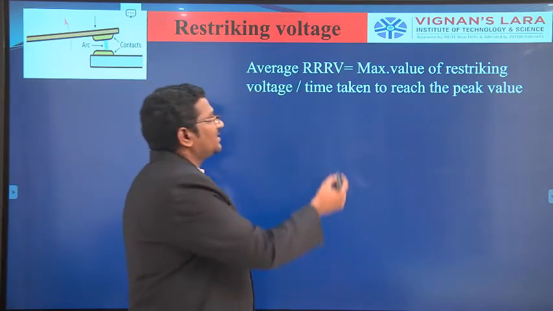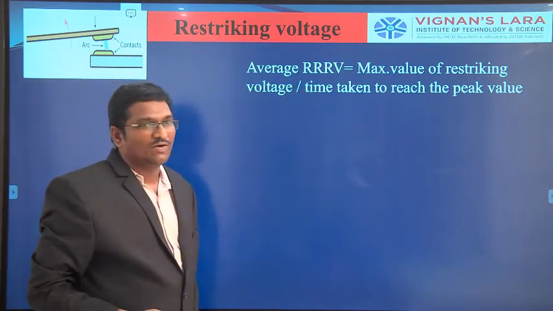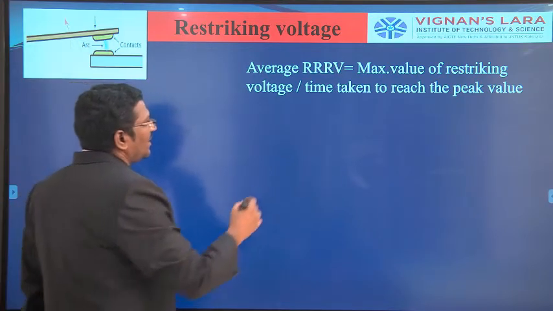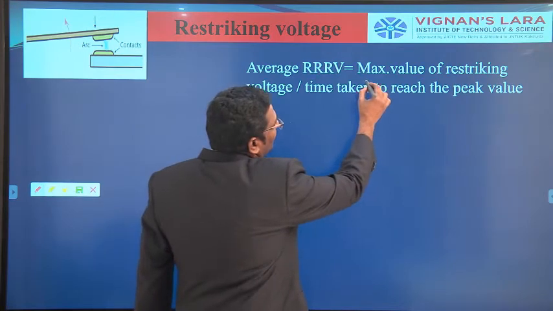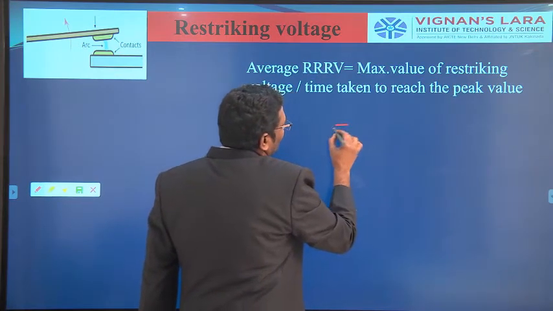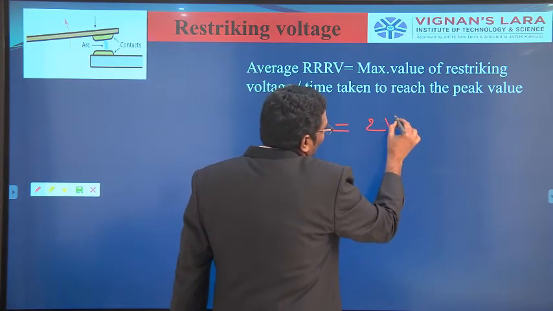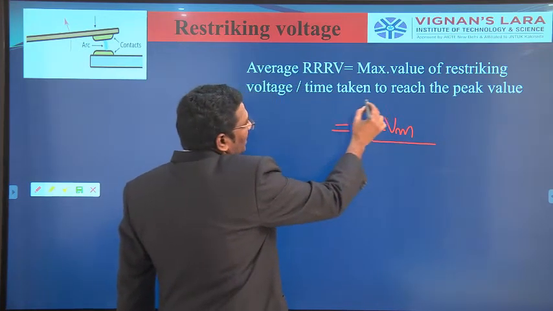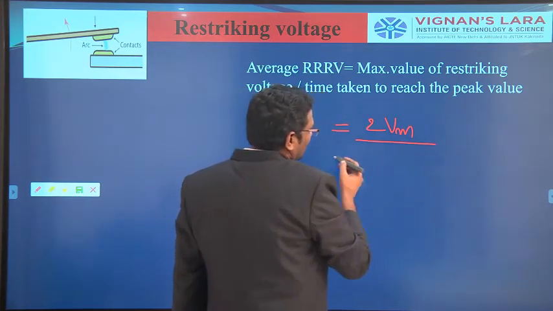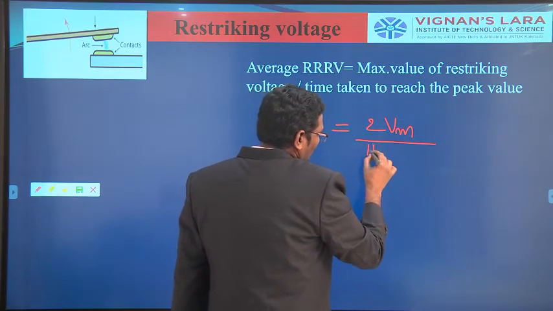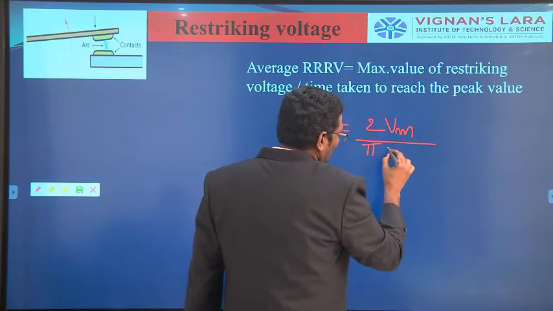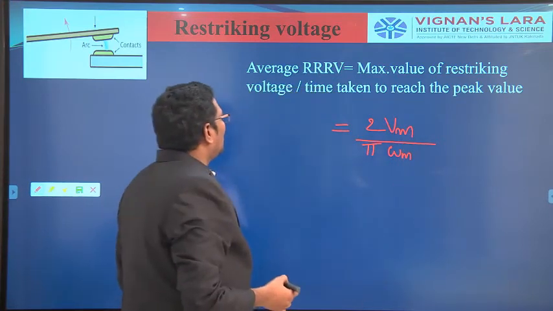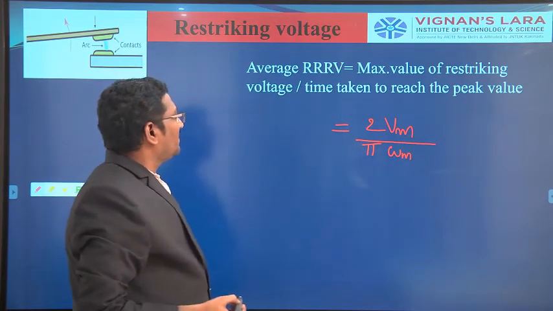Just now you derived the maximum value of restriking voltage, that is 2 times V maximum, divided by the time taken to reach the peak value, which is pi divided by omega n. Like that you can calculate the average RRRV.